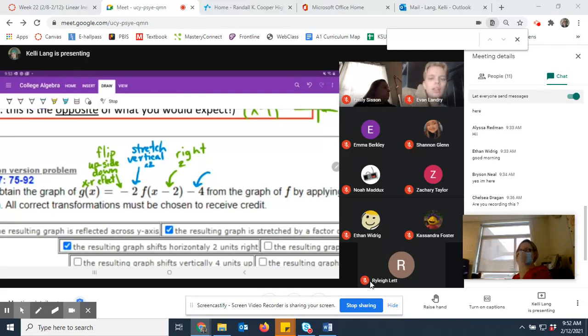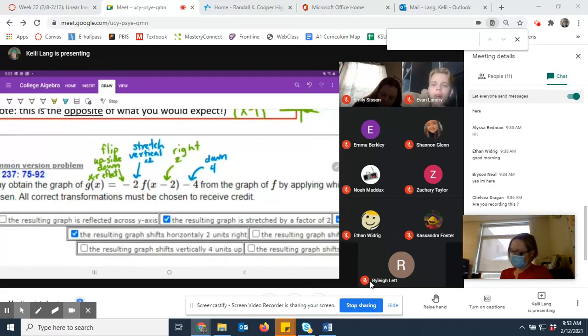And the last piece that's added out here, this -4, is outside of the function. So this is going to shift up or down, and it's not the opposite. This is exactly what you would expect. A negative shifts down. So this is going to be a shift down 4 units.